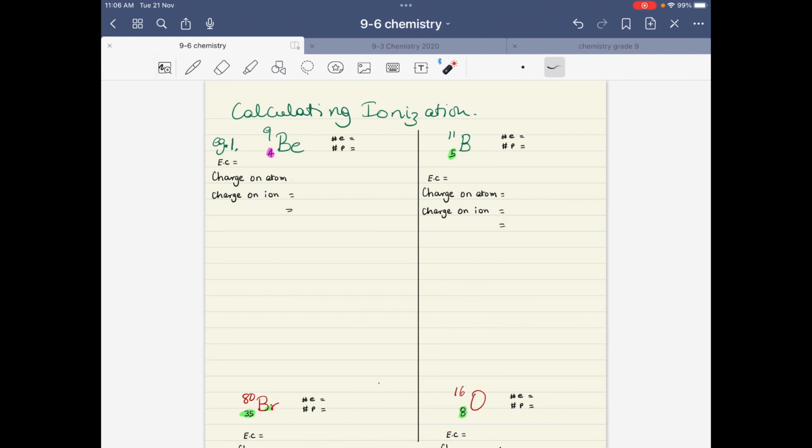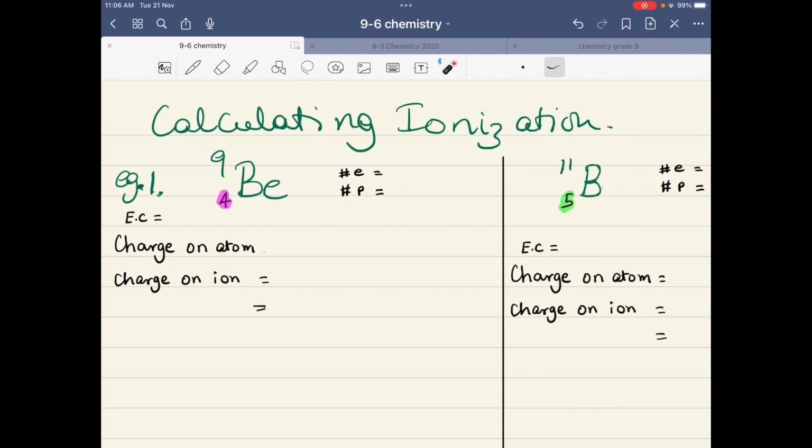So here is an example that we're going to start with: beryllium, Be. As you can see, beryllium has an atomic number of 4, which tells us that beryllium has 4 electrons and 4 protons. Therefore, the electronic configuration of beryllium will be 2, 2.